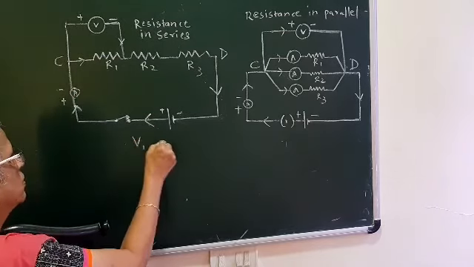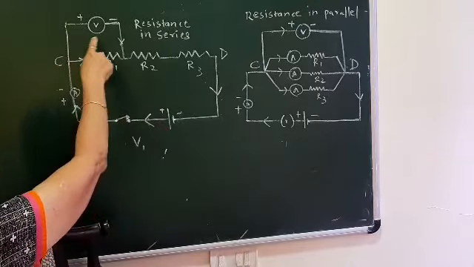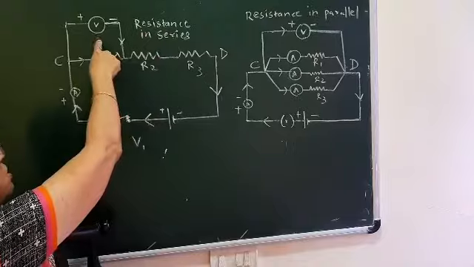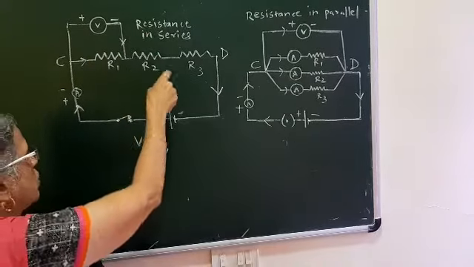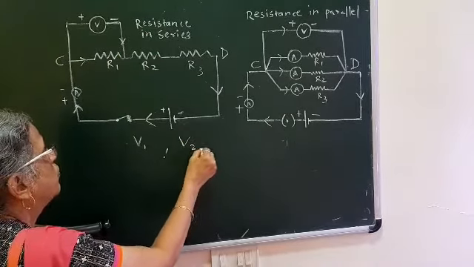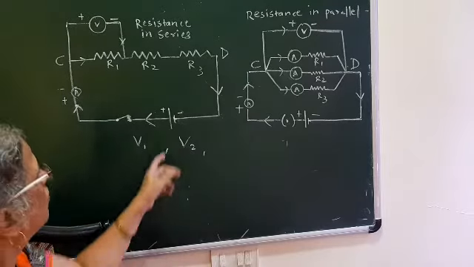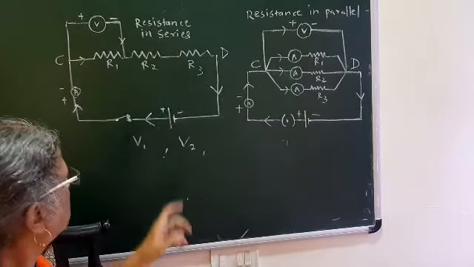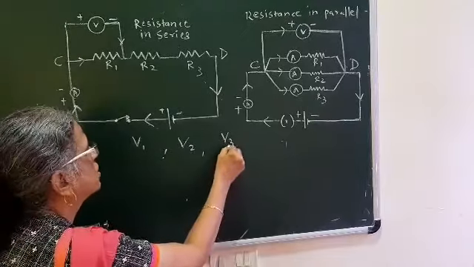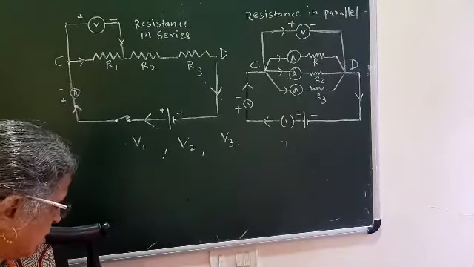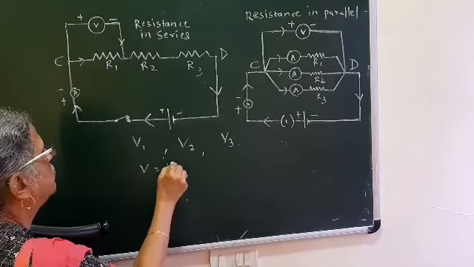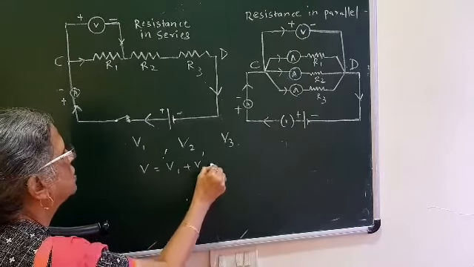Then we disconnect it and connect the voltmeter parallel to R2, and we get V2. Similarly, we connect the voltmeter parallel to R3 and get V3. These are the three potential differences, V1, V2, V3, and V is equal to V1 plus V2 plus V3.